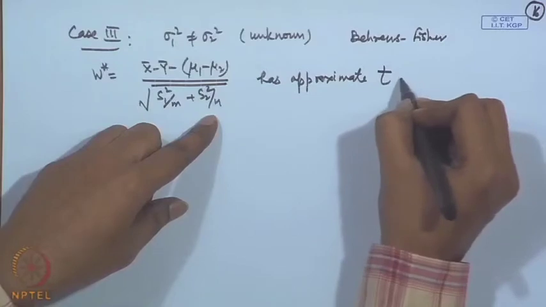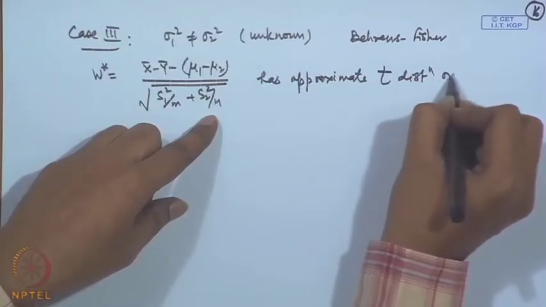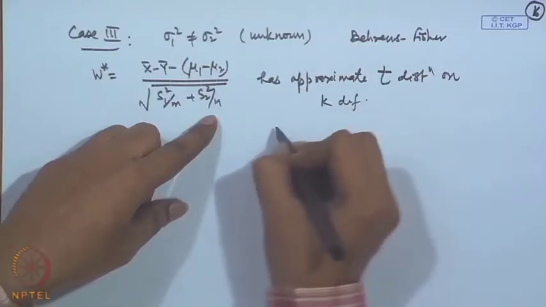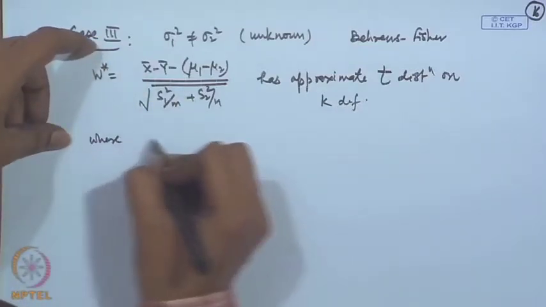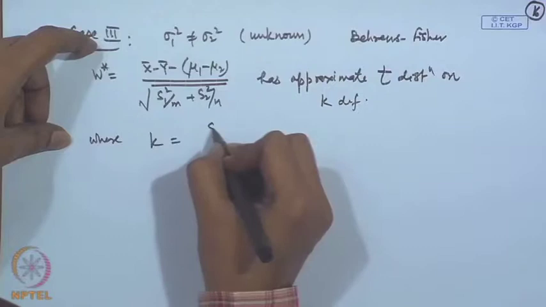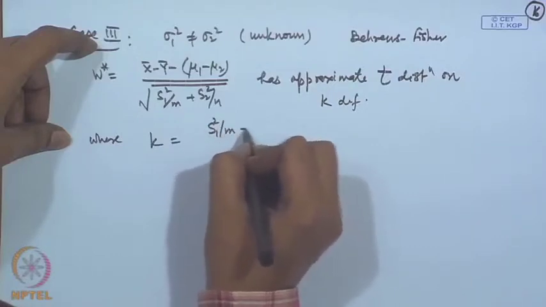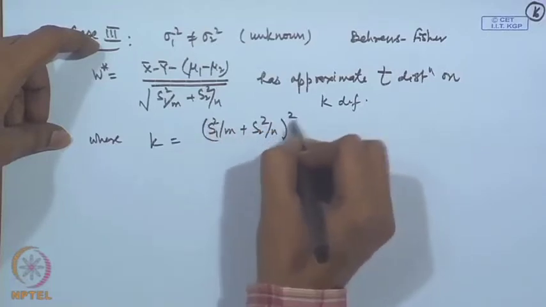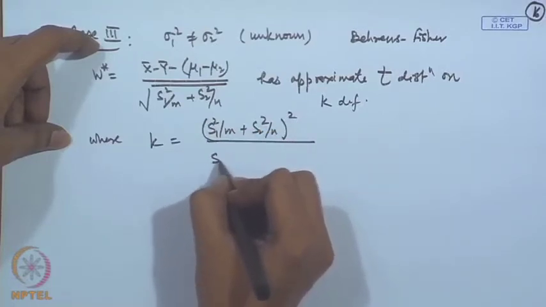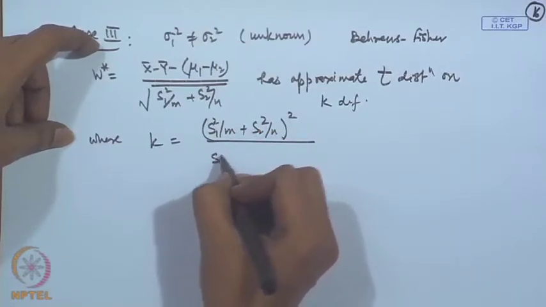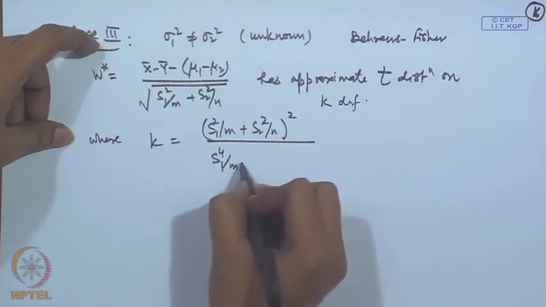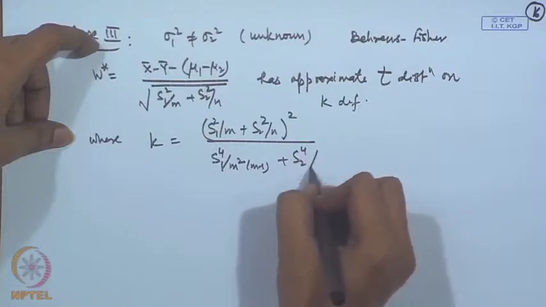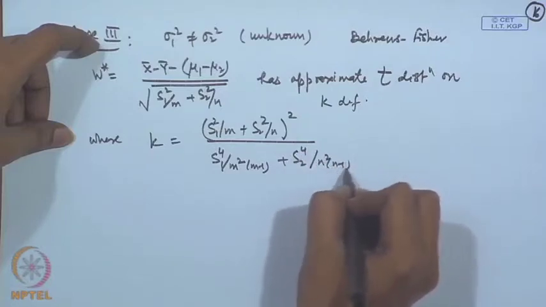So, this has an approximate t distribution on, say, k degrees of freedom, where k is actually a random quantity. It is (S 1 square by m plus S 2 square by n) whole square divided by [S 1 to the power 4 divided by m square into (m minus 1) plus S 2 to the power 4 divided by n square into (n minus 1)].